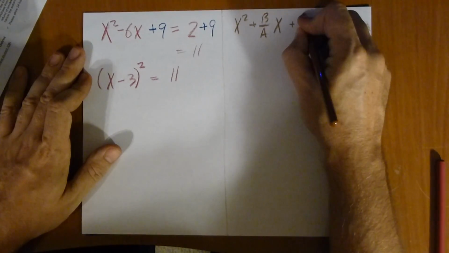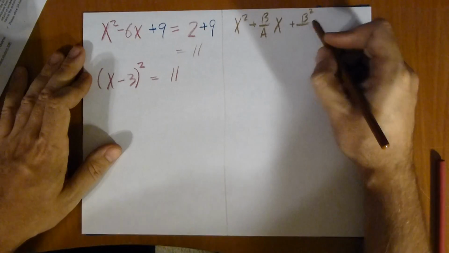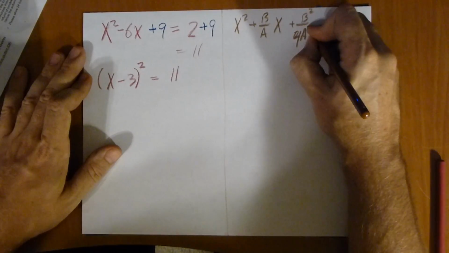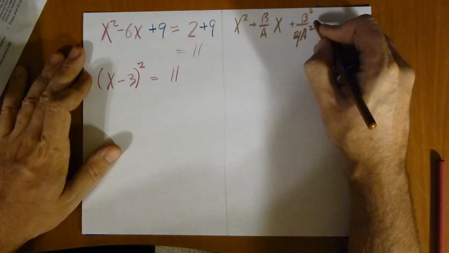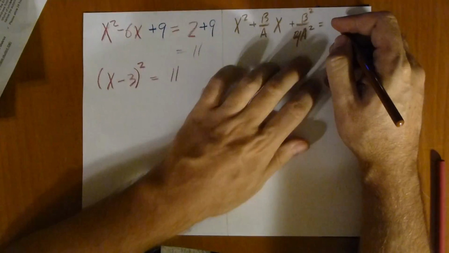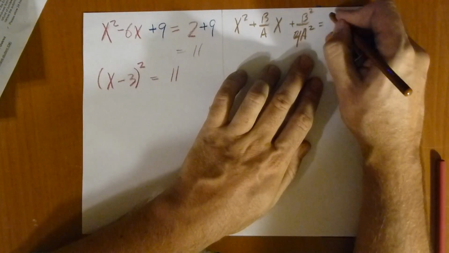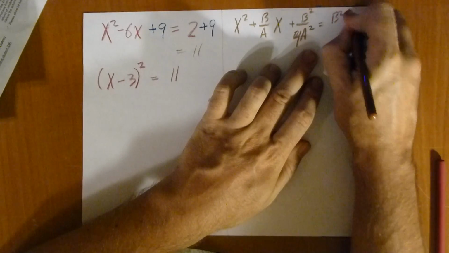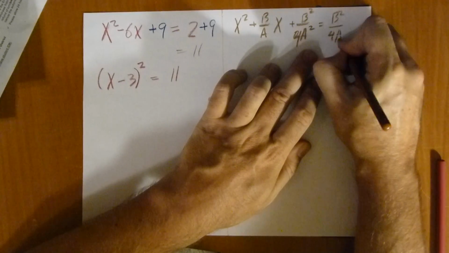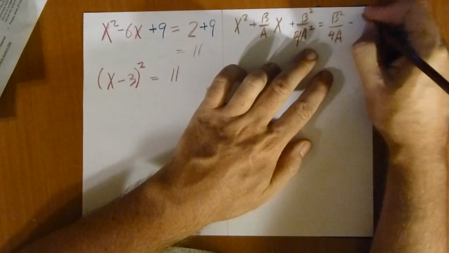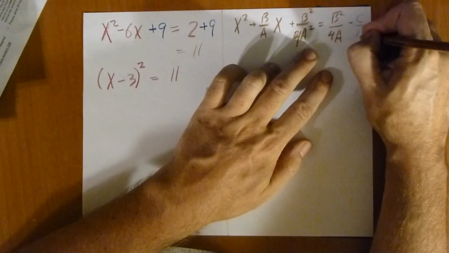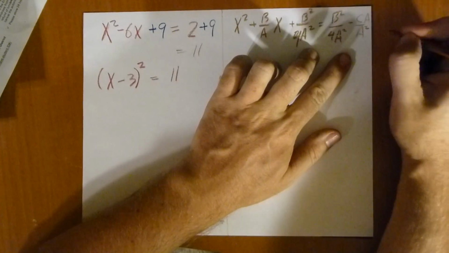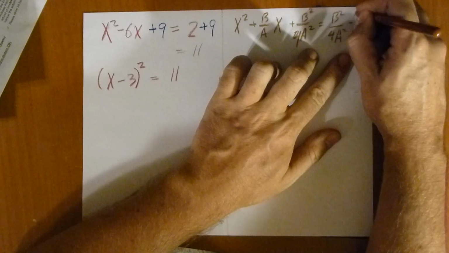That's going to add b squared over 4a squared, equals, we had b squared over 4a minus c over a, add an a up here, a squared, add a 4 here, 4 right there.